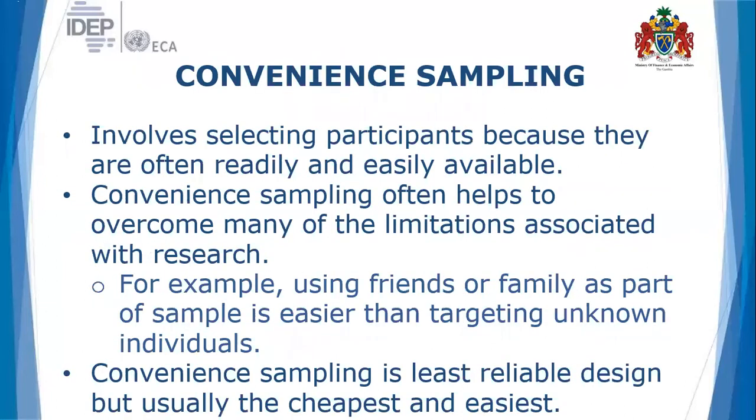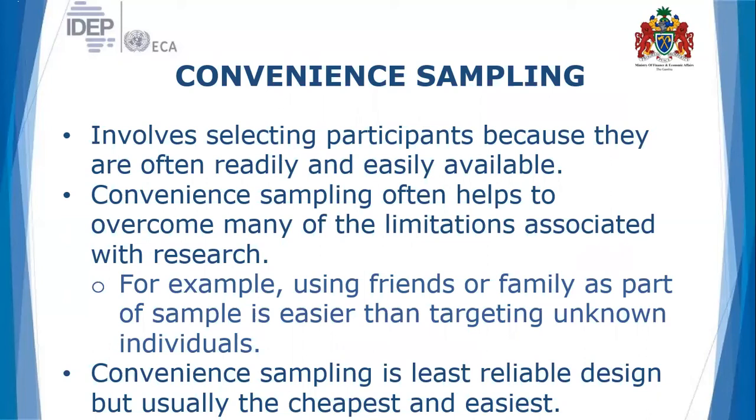Convenience sampling. This technique involves selecting participants because they are often readily and easily available to the researcher. So this technique helps researchers to overcome many of the limitations associated with research.